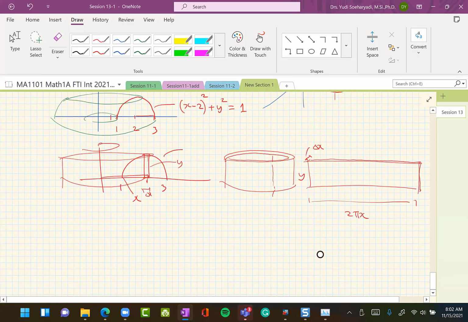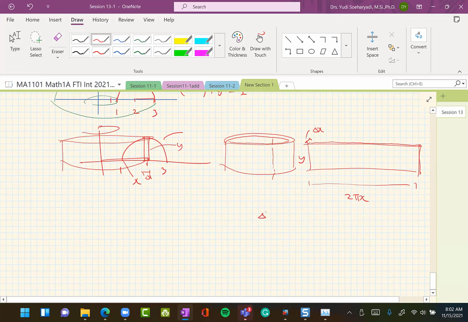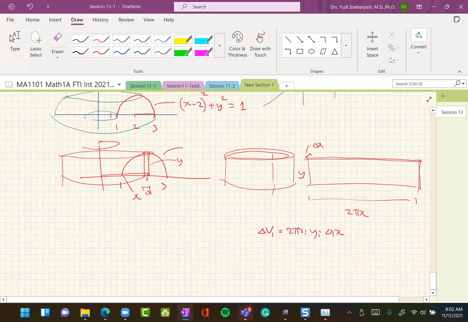Okay, so this volume is 2 pi x_i times y times delta x. And what about y? So we need y here.